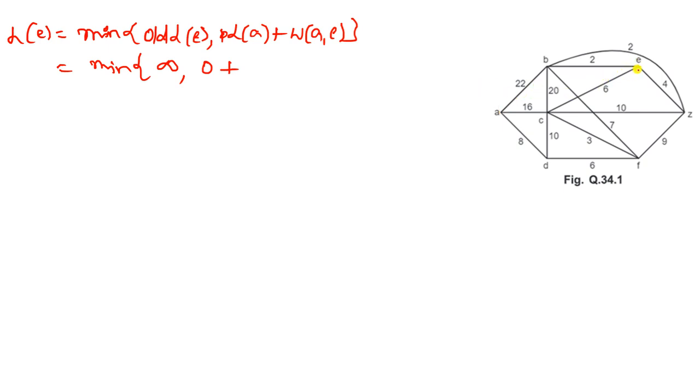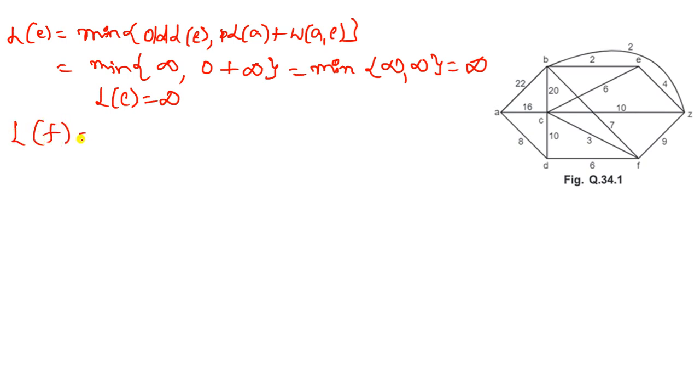Is there any path between A to E? There is no path existing between A to E, so we have to insert the infinity value. From this we will get minimum of infinity comma infinity, that is infinity. So still L of E is equal to infinity. And next L of E is completed.